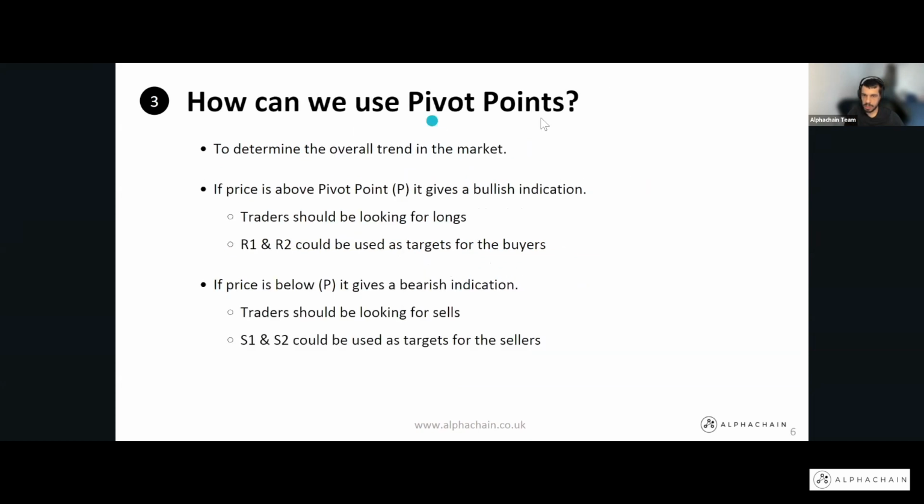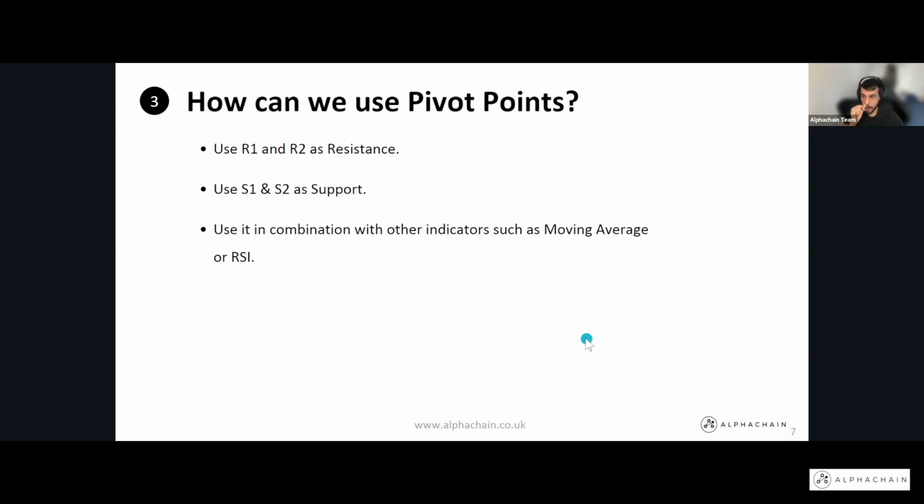So how can we use pivot points? Basically, they can help a little bit to determine the overall trend in the market, or if price is ranging. Usually, if price is above the pivot point, it gives a bullish indication, and traders should be looking for longs, with R1 or R2 used as targets. And the opposite, if price is below the pivot point, it can give a bearish indication, where the trader should be looking for sells, with S1 and S2 used as targets for the sellers.